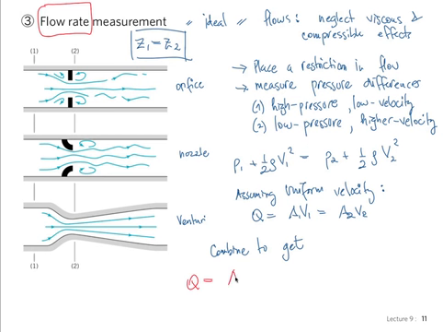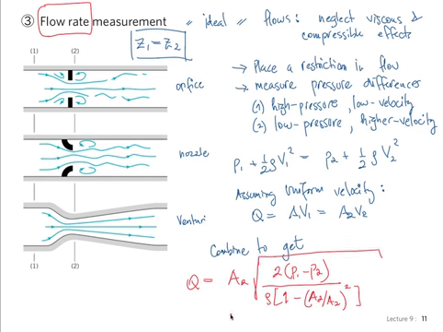And let me just write it down and see if it makes sense to everyone. Square root of 2 (P1 minus P2) over rho, and we have 1 minus. We did a similar calculation some time ago in an example.